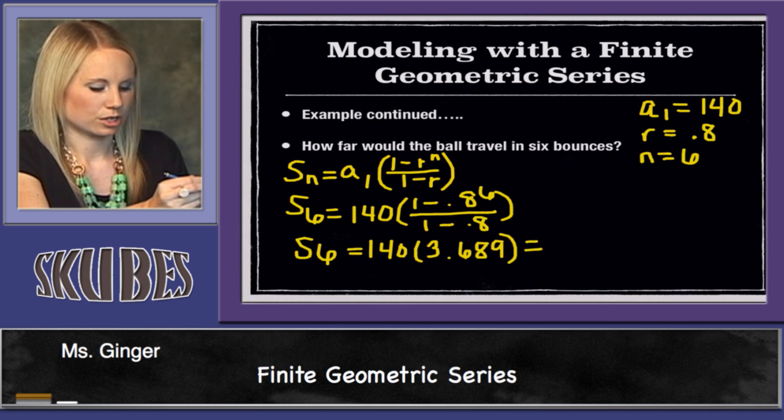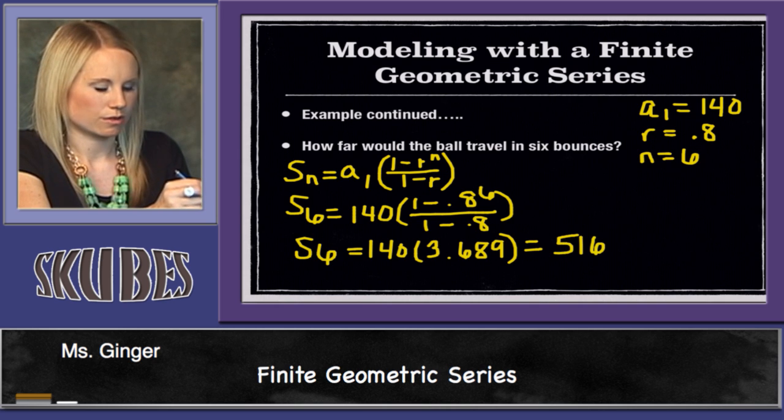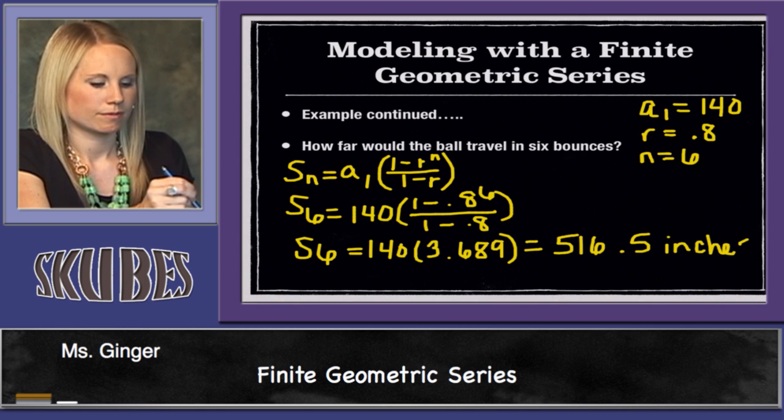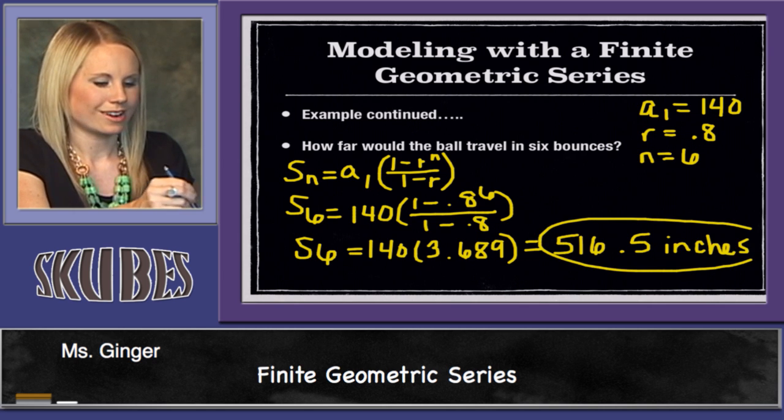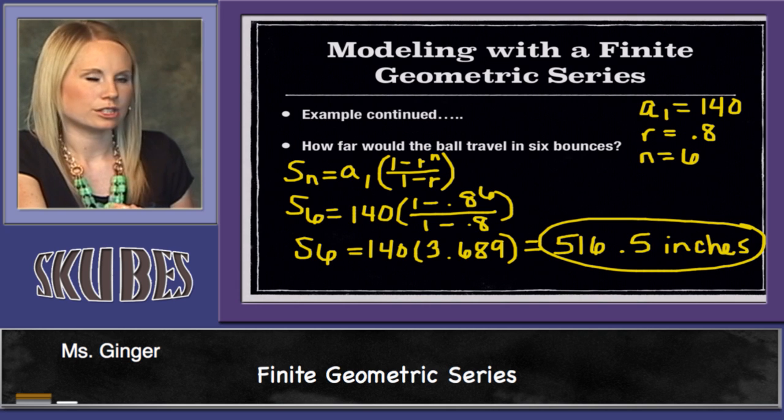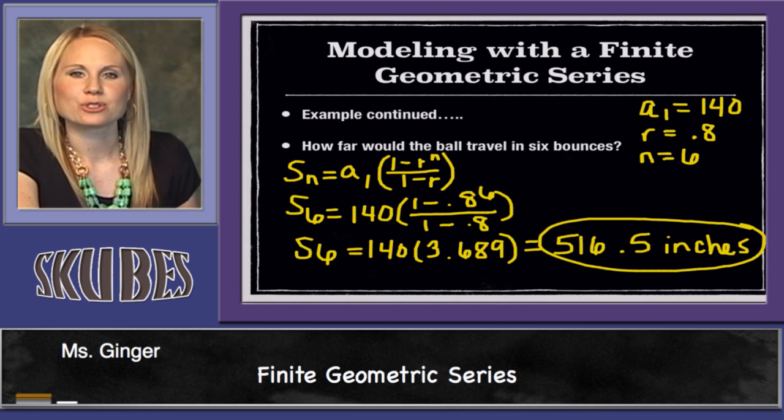I'll give you that number so you can check. And then final distance answer of about 516.5 inches. All right, so we modeled using a geometric series. So this concludes our lesson on finite geometric series.